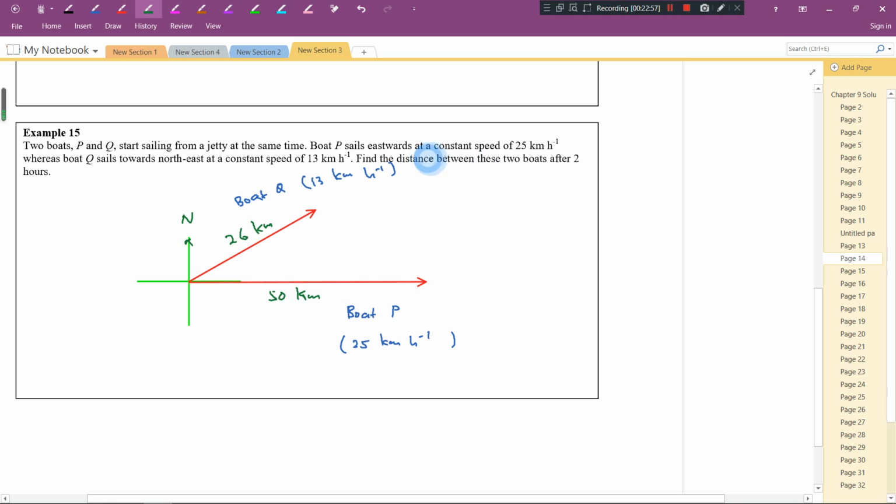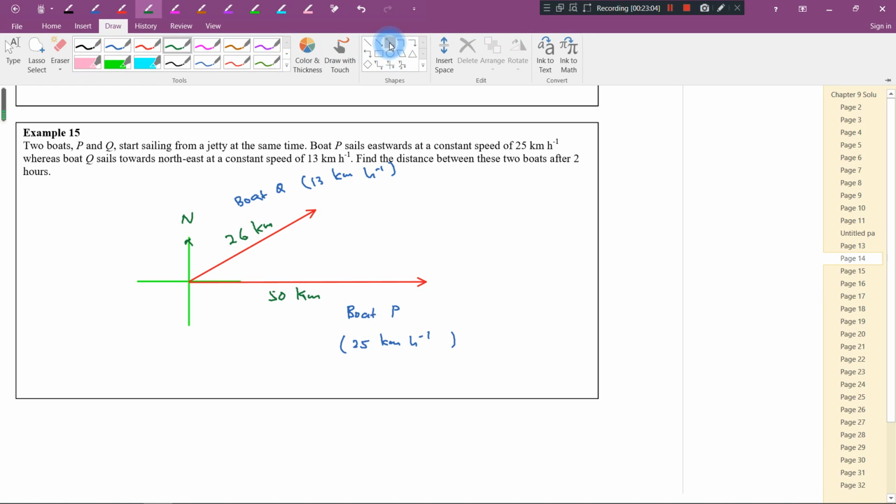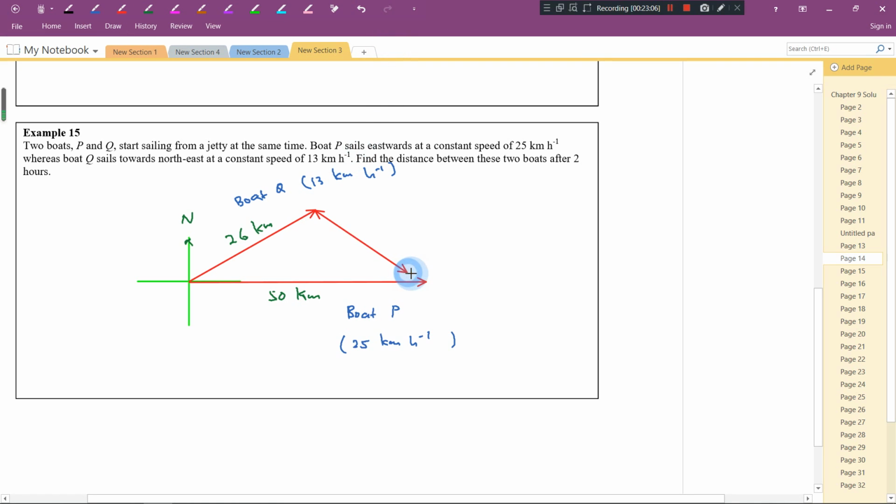The question asks you to find the distance between the two boats after 2 hours. That means you have to find the distance from here to here. The question tells you that boat Q sails toward northeast, so we know that here is 45 degrees. Now how do we get the length here?